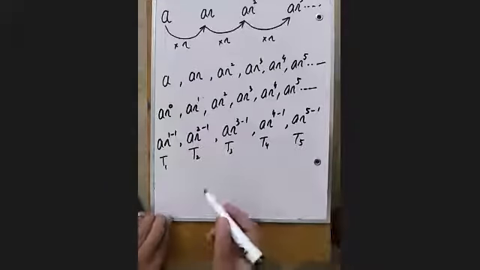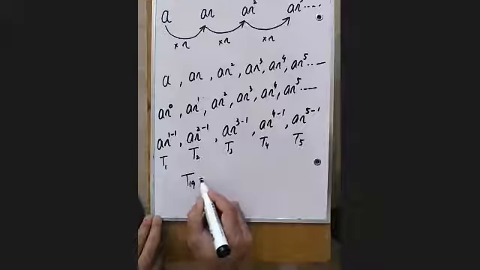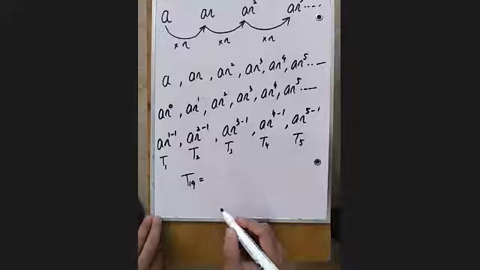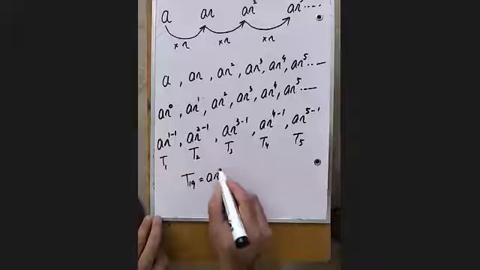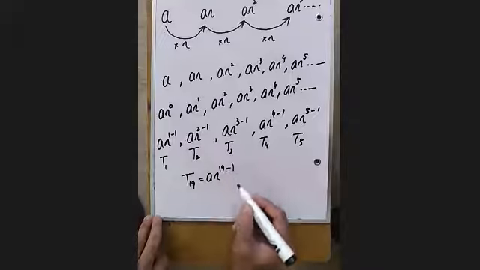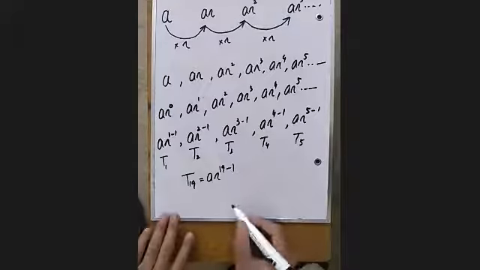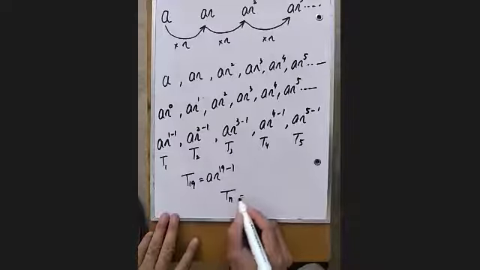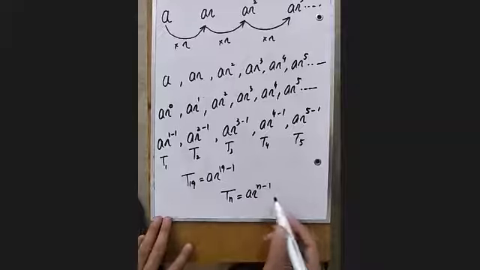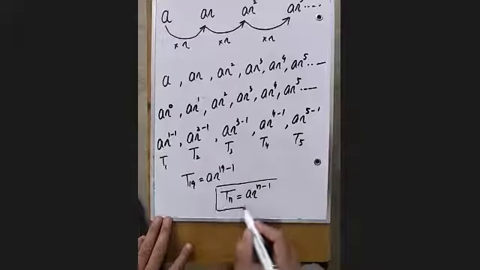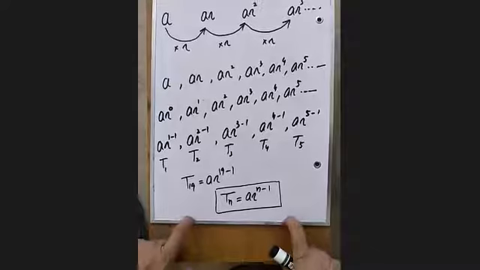If one asks you to find the 19th term, it's going to be a r to the power 19 minus 1. Let's generalize the expression. If we are looking for the nth term, it's going to be a r to the power n minus 1. This is the way we can generalize the formula of geometric progression.